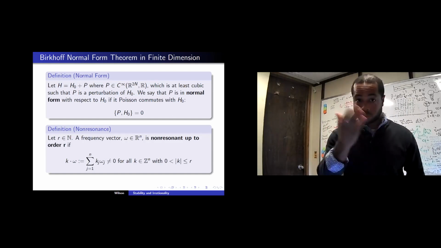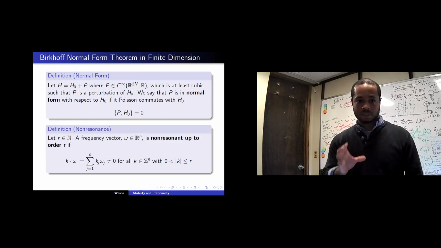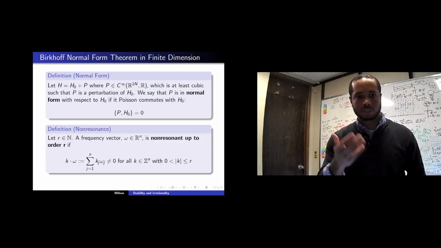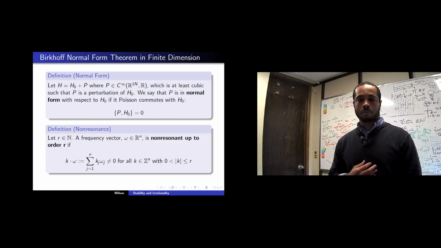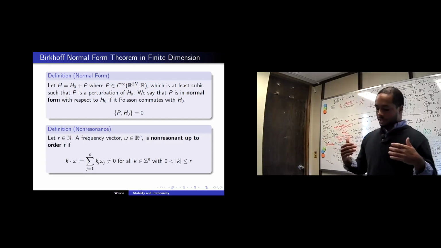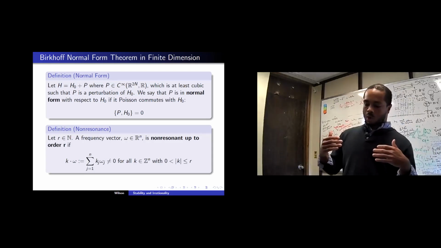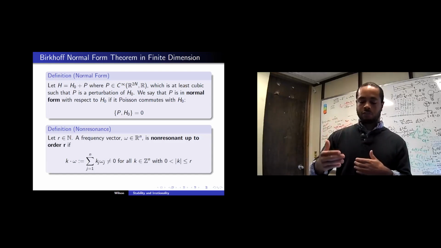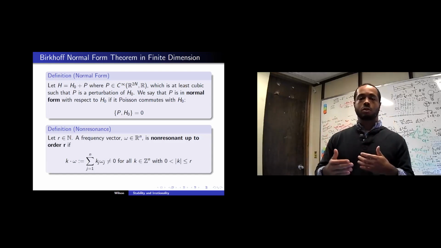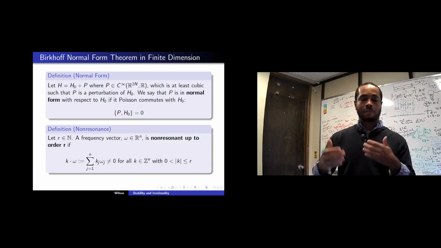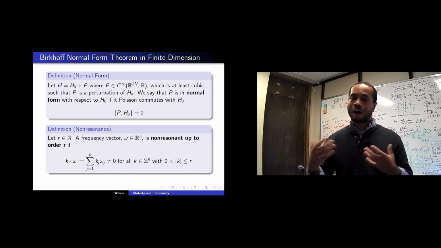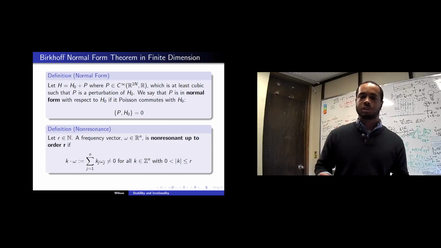And even in the finite dimensional case, I have a finite dimensional representation of a normal form. But essentially, we would like to say that one can, with successive changes of variables, write your Hamiltonian in such a way that it becomes very obvious that all of your solutions are either periodic, quasi-periodic, or almost periodic.